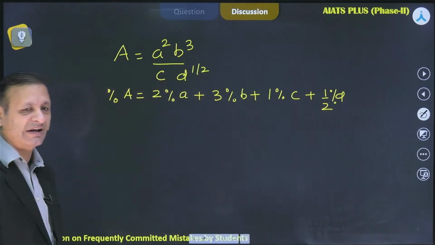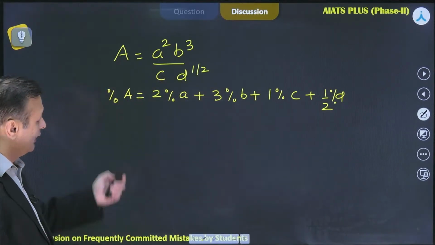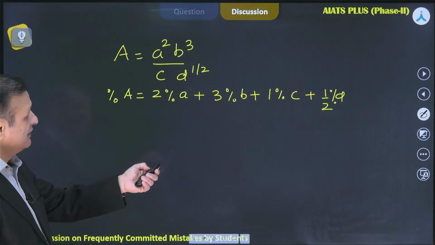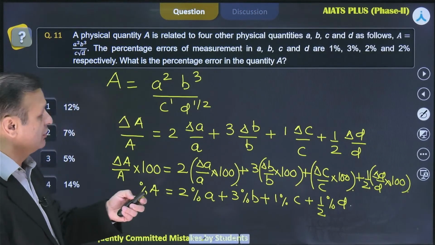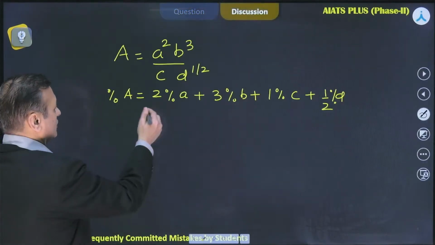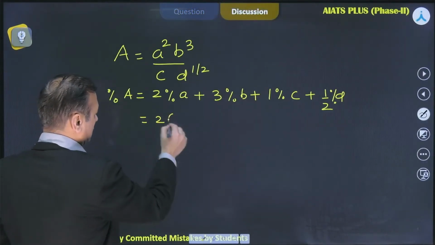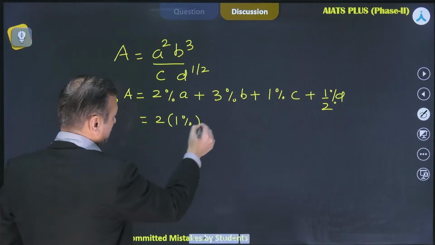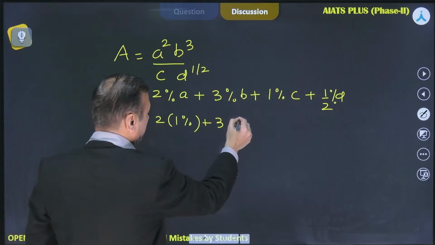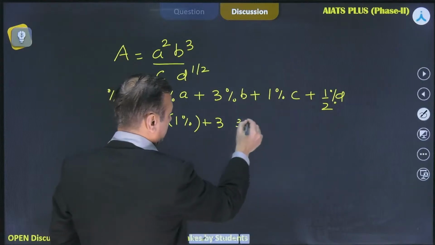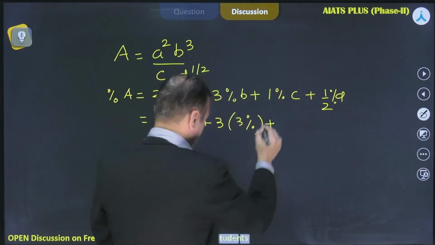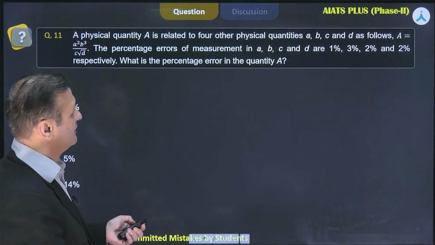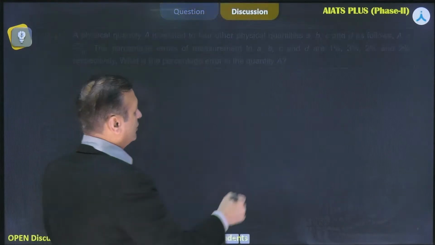This is a standardized formula. All these percentage errors in the individual quantities 1, 3, 2, 2 are given to us. So this is 1%, this is 3%, and in c we had 2%.